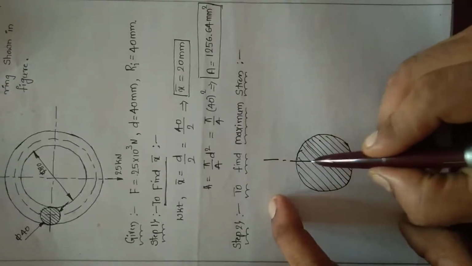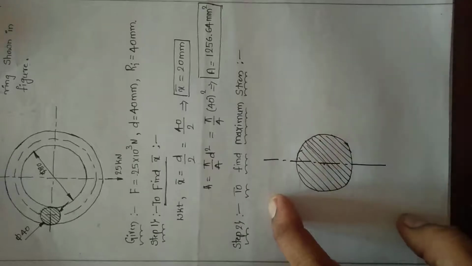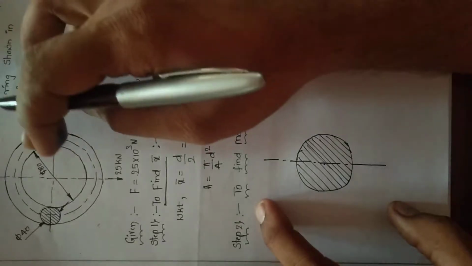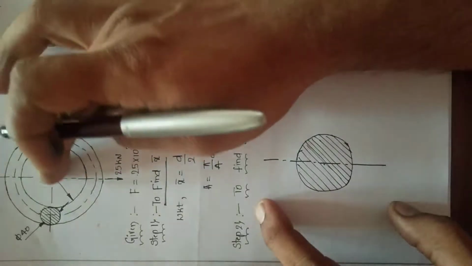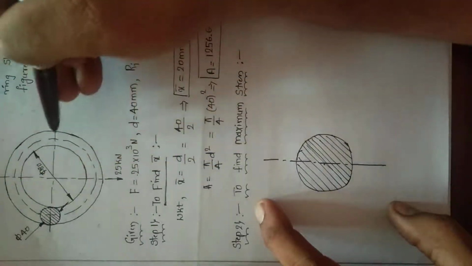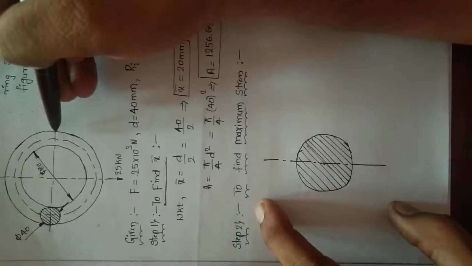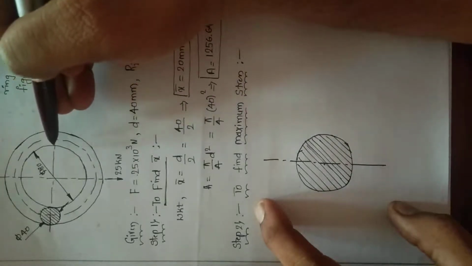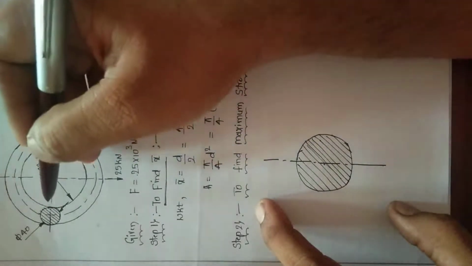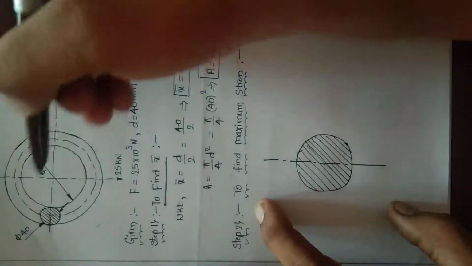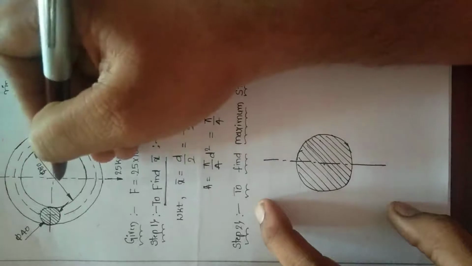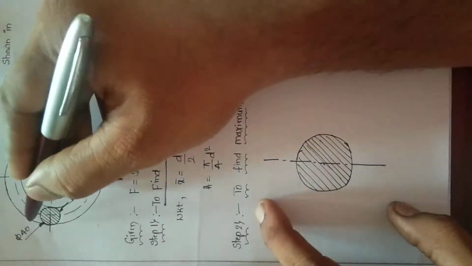This is the centroidal axis passing through the center. When I consider this quarter part and draw the section here, this is the outer fiber and this is the inner fiber. Or I can consider even this quarter part also, because he has given the section here in the question itself. So I can consider this as the quarter part, where this is the inner fiber and this is the outer fiber.